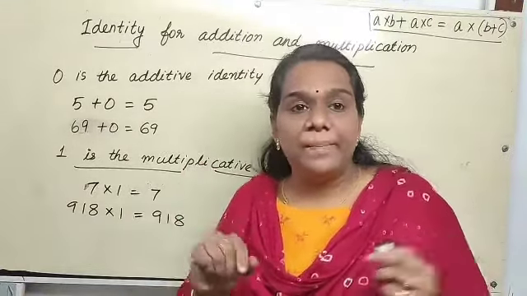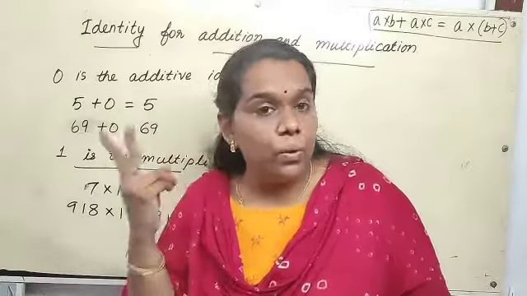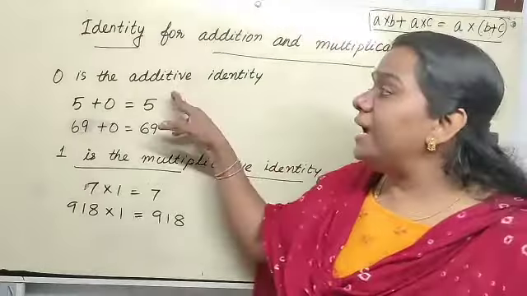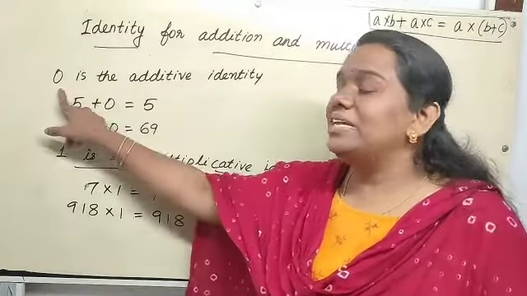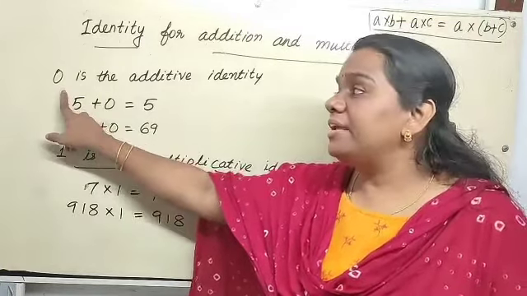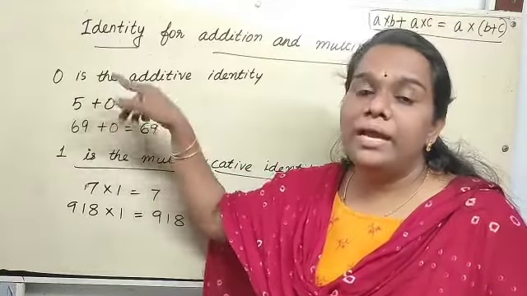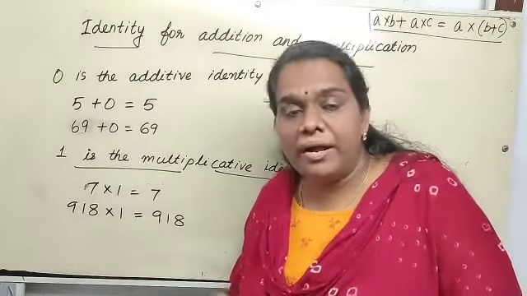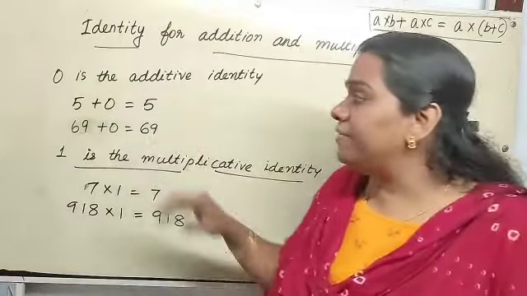Like that, addition and multiplication are two important operations and they have an identity number. Which is the identity for addition? 0 is the identity for addition. This means we can add 0 to any number and we get the same number itself. 5 is a number. When we add 0 to 5, we get 5 itself.